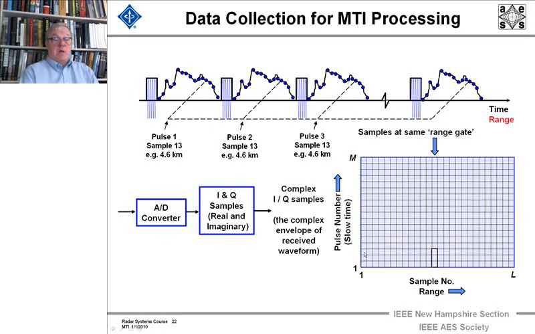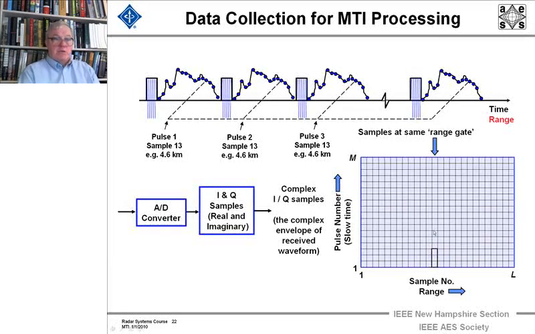And then from the next pulse, we collect this data, and on and on, till we've collected 3 for a 3-pulse canceller, or 10 for an airport surveillance radar that's using pulse Doppler mode, or 1,000s. If it's airborne radars, usually we'll deal with PRFs way up in the thousands or tens of thousands.